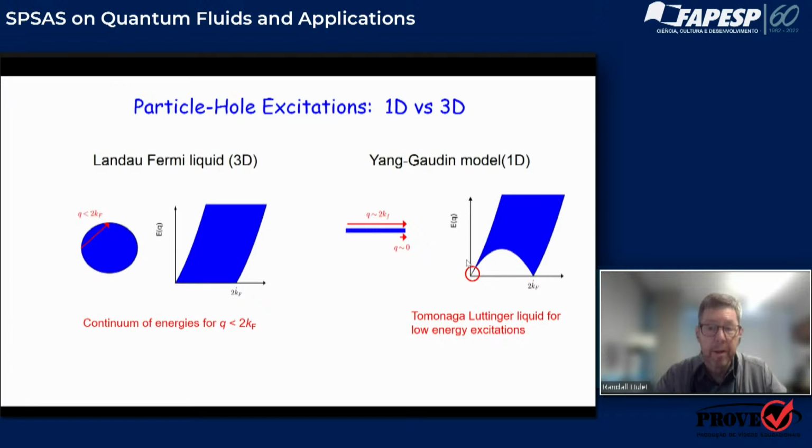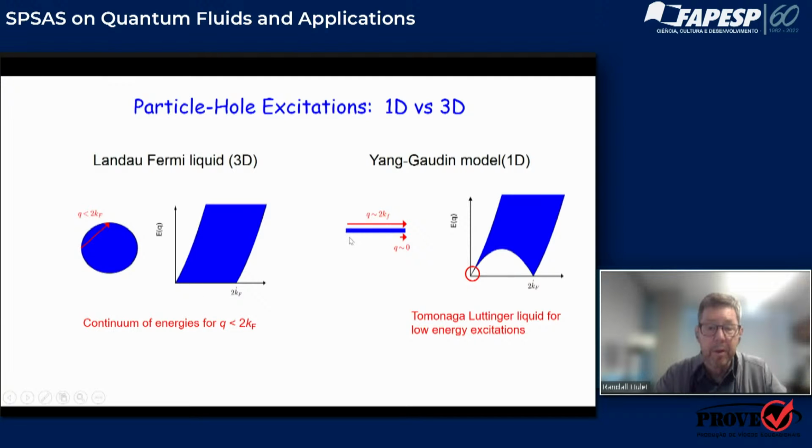Now in one dimension, it's really very different. And this was given by the Yang-Gaudin model. The Tomonaga-Luttinger liquid is a theory of low energy excitations. The Yang-Gaudin model is more general. It includes energetic excitations as well as the low energy excitations.